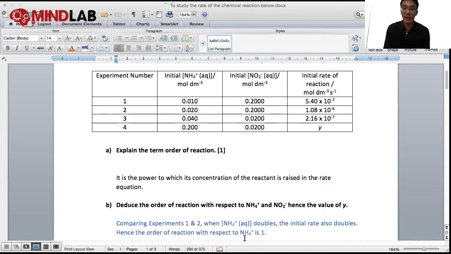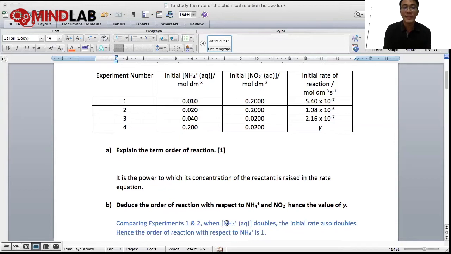The order of reaction is 0 when the initial rate remains the same, even though you increase or decrease the concentration. And it would be 2 when the rate has quadrupled when the NH4 plus is doubled, so the order of reaction is not 2.